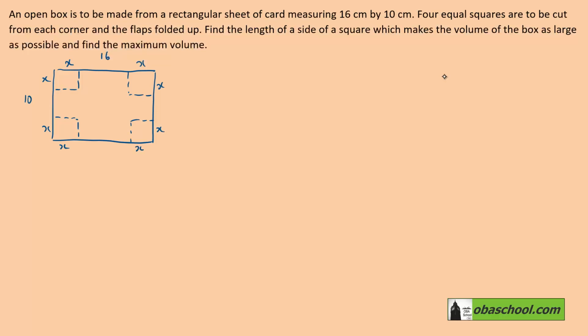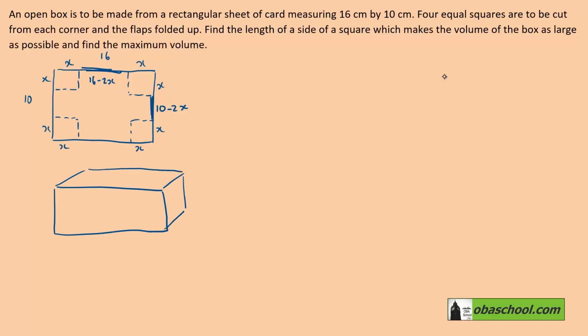Now this is going to be 10 minus 2x, this bit here, and that would be 16 minus 2x. So when we actually fold up and get the box, it doesn't have a lid.